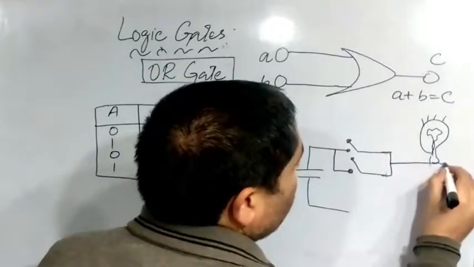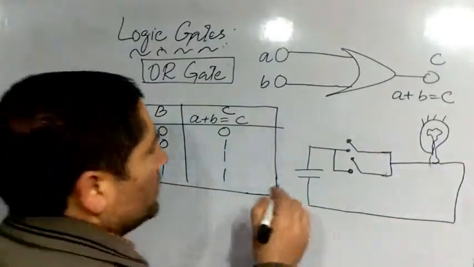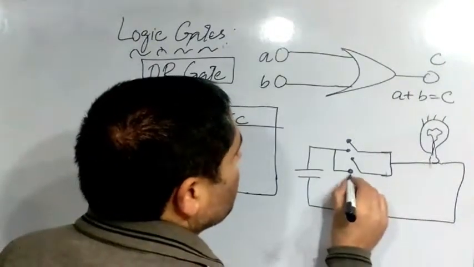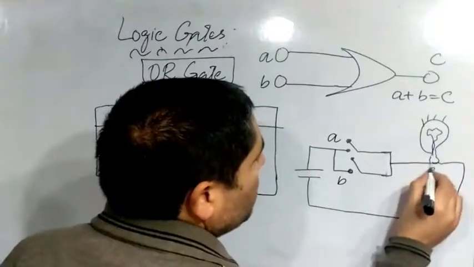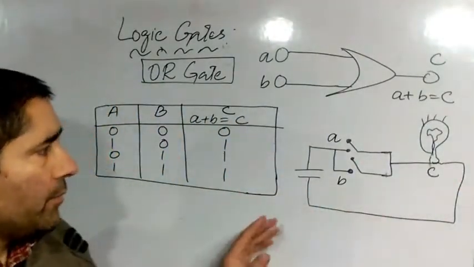This is a bulb here, like this. A, B, and this is C. Look at this circuit diagram.